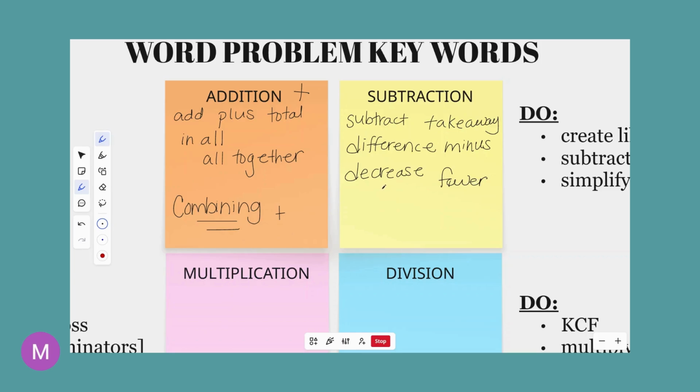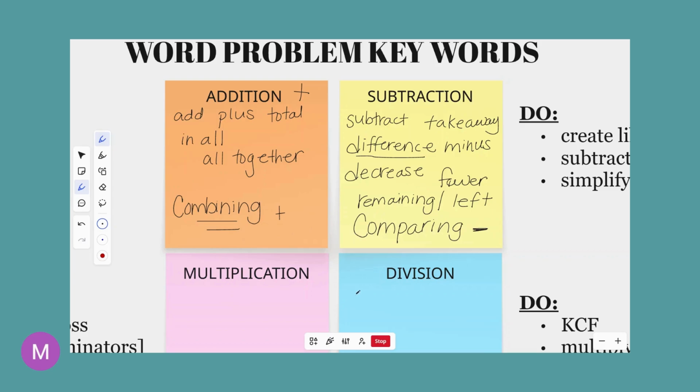And how much is remaining or left is another key one. So anytime you hear a keyword that is suggesting that there's a comparison of some kind, and usually it's trying to find the difference between things, then you are dealing with subtraction. So comparing, you're dealing with subtraction.